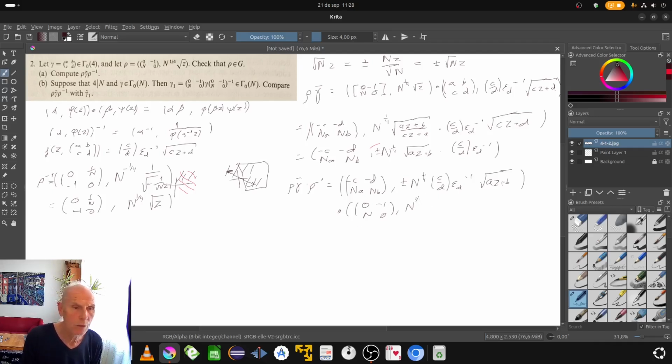So we need to correct this. Minus 1 divided by n to 1/4 square root z.